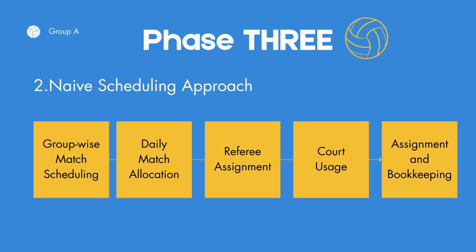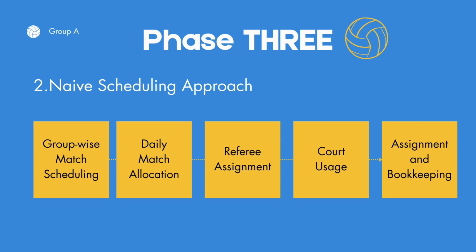Now let's start with our baseline, the naive scheduling approach. This method is straightforward. It goes group by group, match by match, and tries to schedule each as early as possible without any form of optimization. For each day, it checks whether both teams are available, whether they already have a match that day, and whether they hit the weekly match limit.